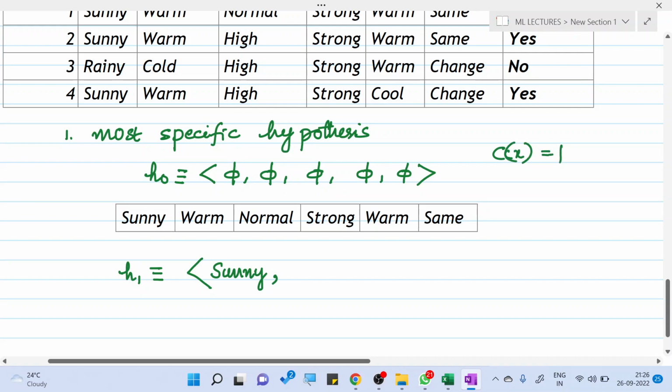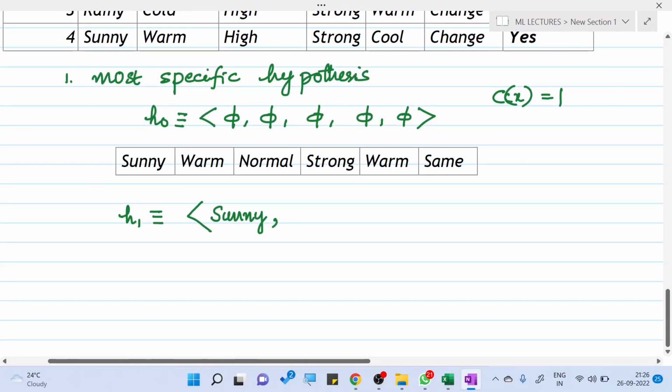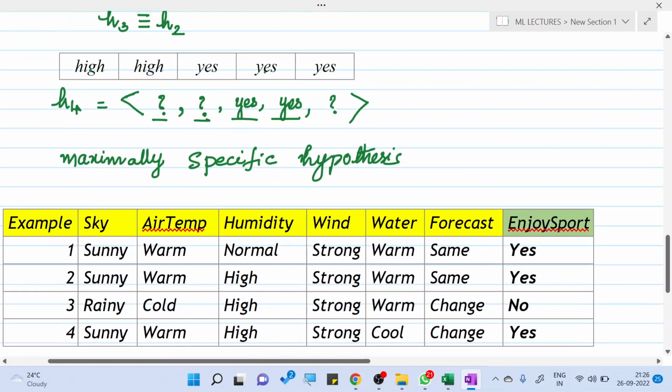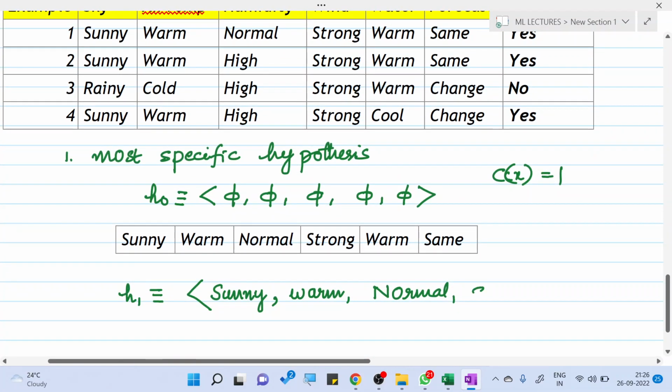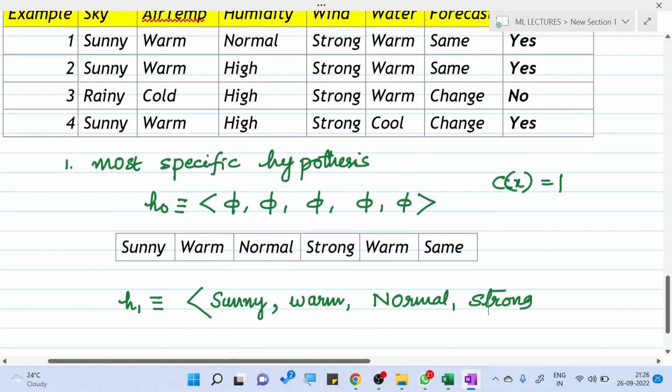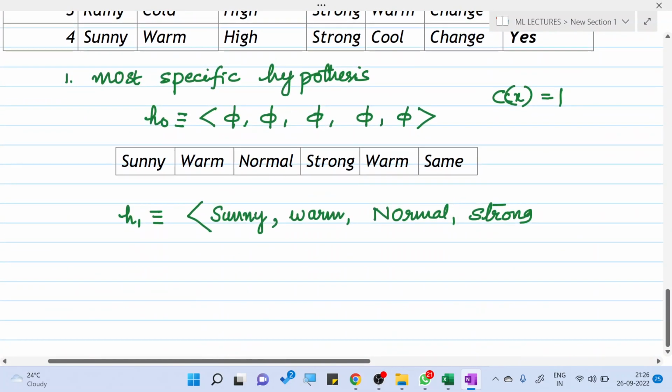Here C of x is whether he will enjoy his favorite sport or not. So sunny, warm, normal, humidity, then wind strong, then water warm, forecast same. This is my H1.